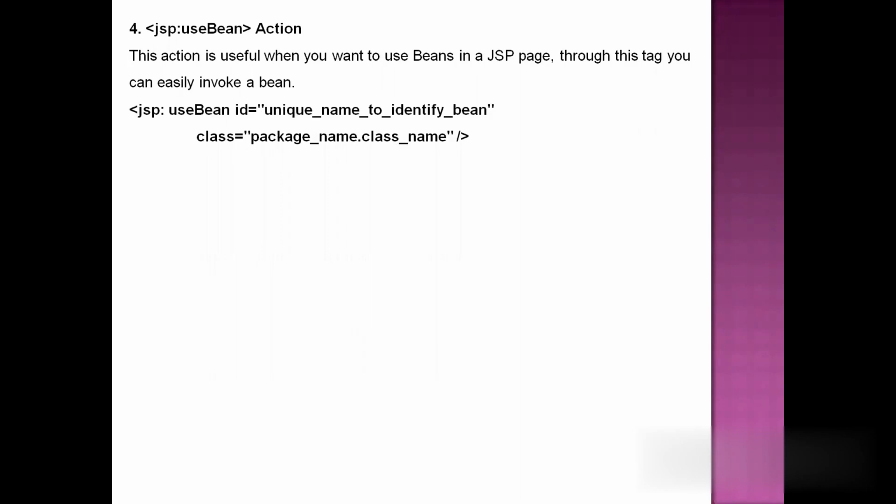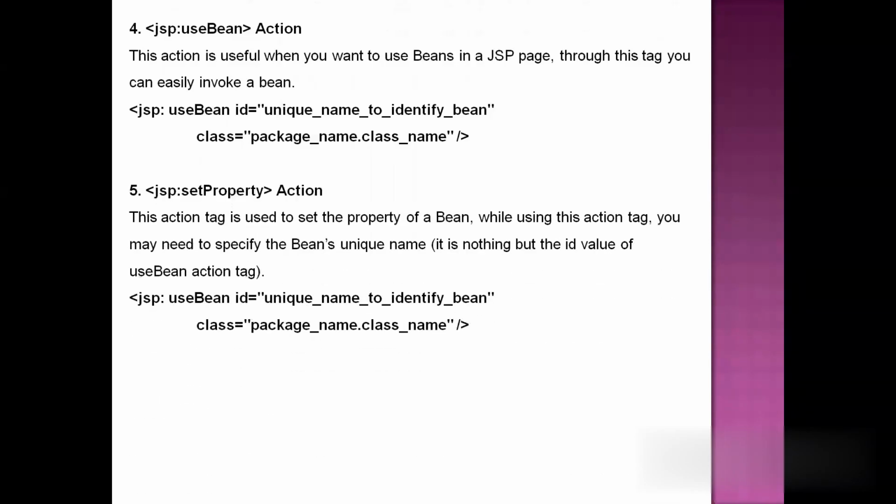Suppose you are using beans in your JSP page, better to save your bean program and JSP program in the same folder itself. Okay, that is about the useBean action tag. Let us see the next one, the JSP setProperty action tag.